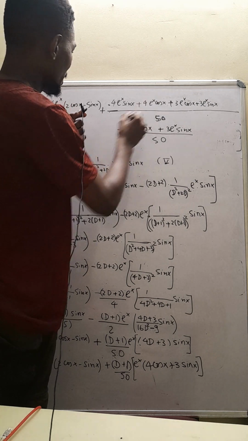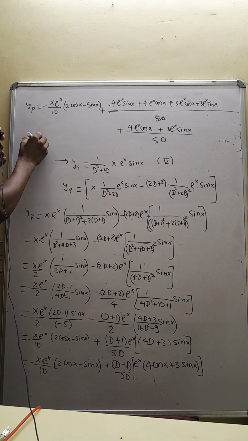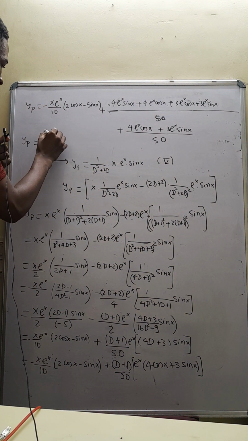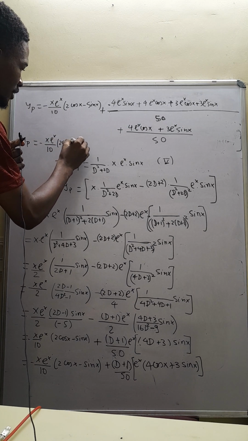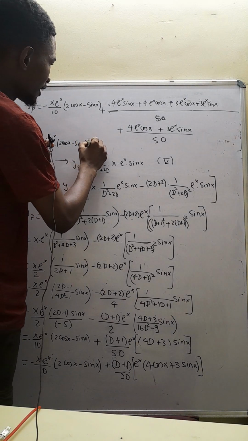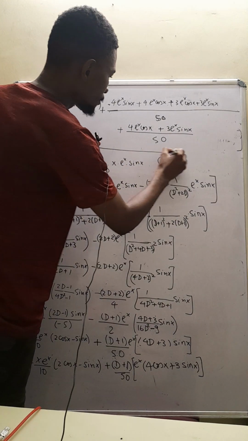Now see, add these guys, what you are going to have: yp is minus x Euler raised to x upon 10, 2 cos of x minus sine of x. Then plus all of them.